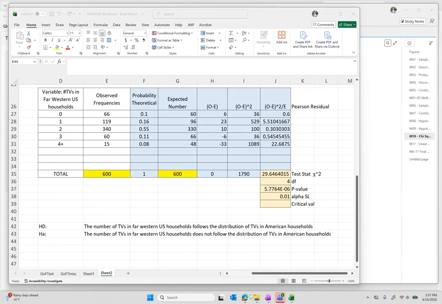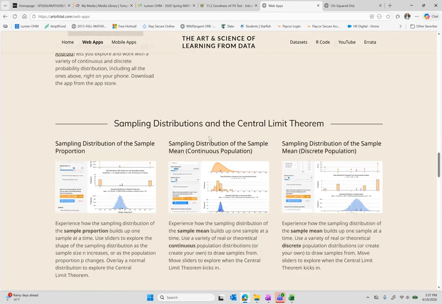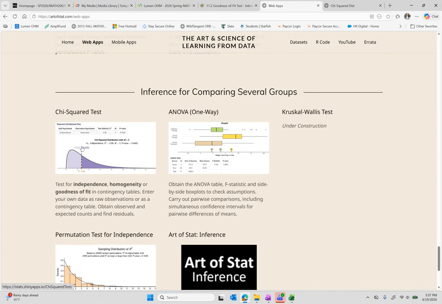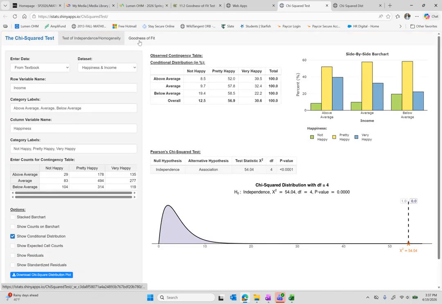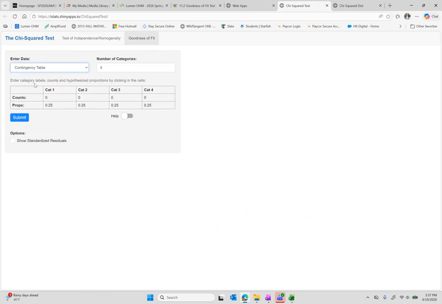As a reminder, another way of doing this goodness of fit test is to actually use the Art of Stat app for the chi-square test. Select the goodness of fit. Enter a contingency table with 5 categories.